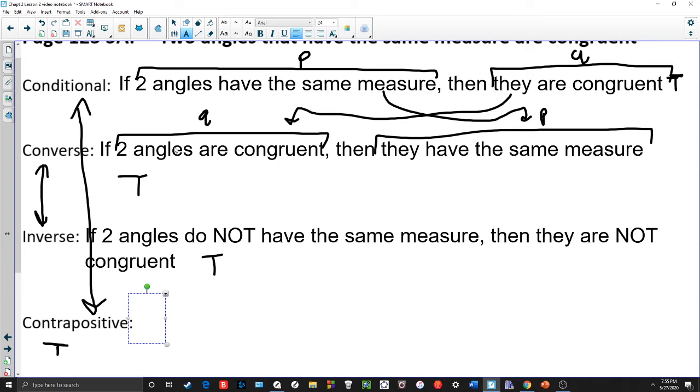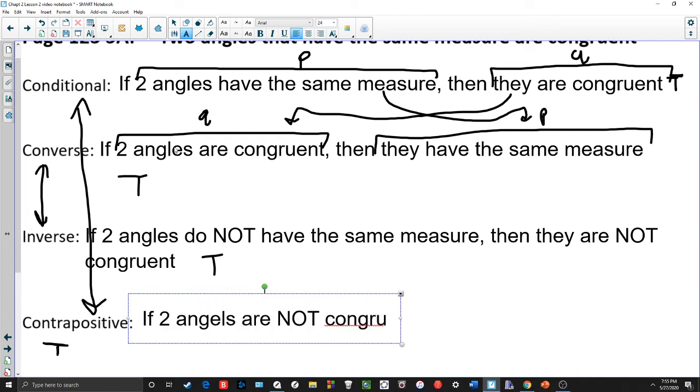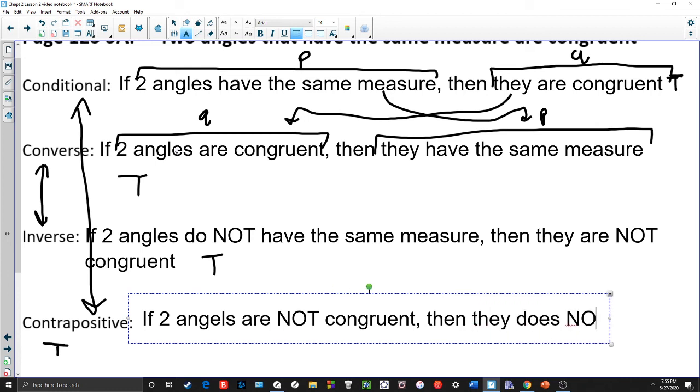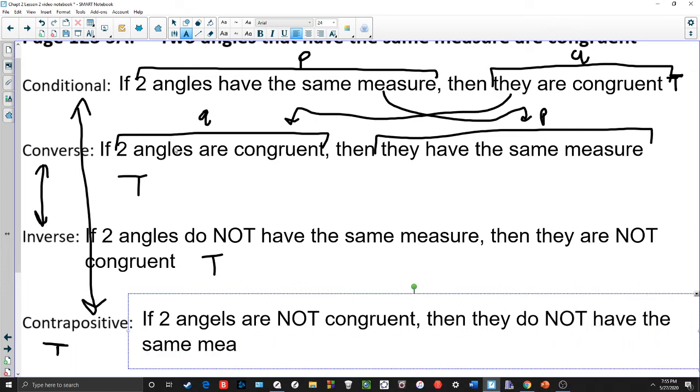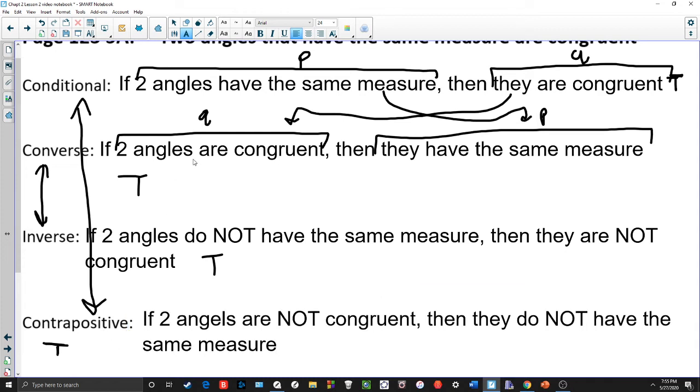So converse says if two angles are congruent. So I'm going to start with if two angles are not congruent, then they do not have the same measure. So I negated my converse. I took my converse and I negated the first and the second statement.